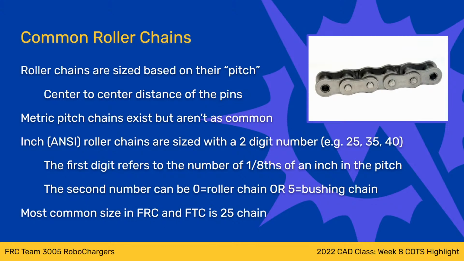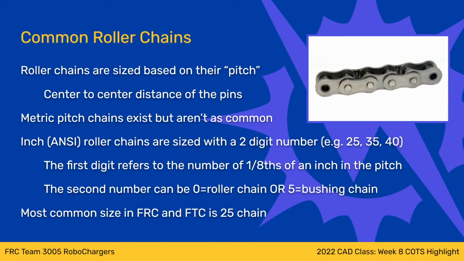In the case of standard ANSI roller chains, 25 chain is very small, but it's pretty well suited for FRC and FTC as well. Because it's a small size, it's going to be a bushing chain. It's not going to have rollers.